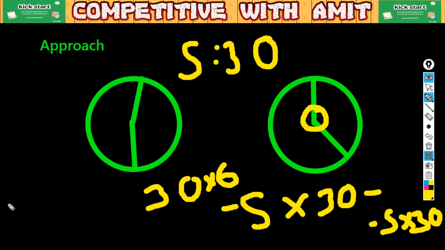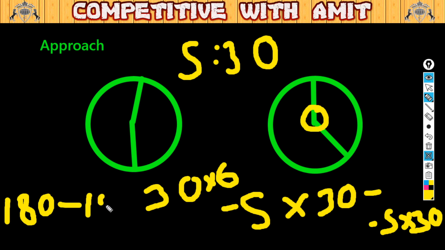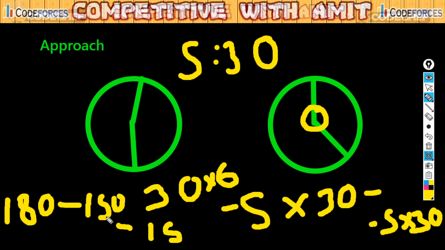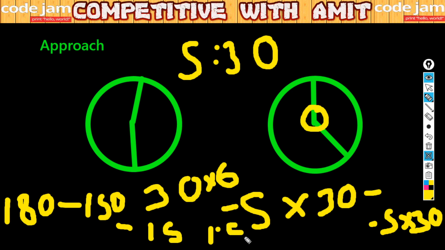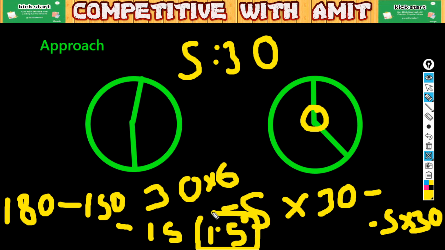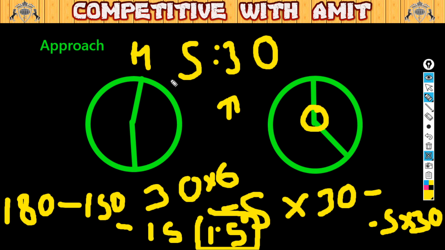So it will come to 180, minus 5 into 30, which is 150, minus 15. So what will our value be? Our value will be 15 degrees. So this will be our answer if we have 5 as the hour and 30 as the minute. So we have a simple formula.